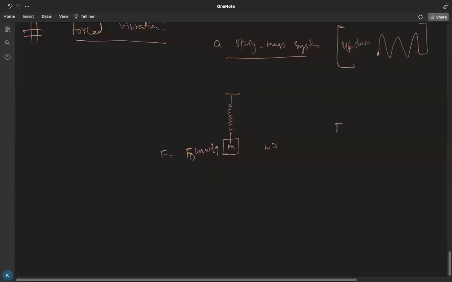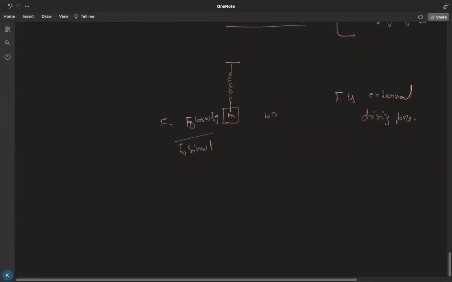This F is the external driving force, which is continuously acting on the system. Or you can say F naught sine omega t, whichever of cos or sine you are comfortable with.